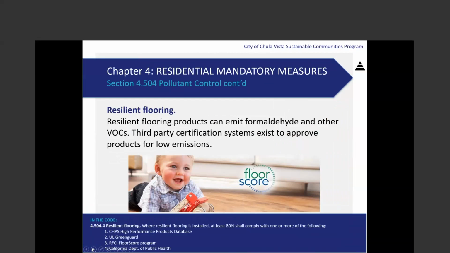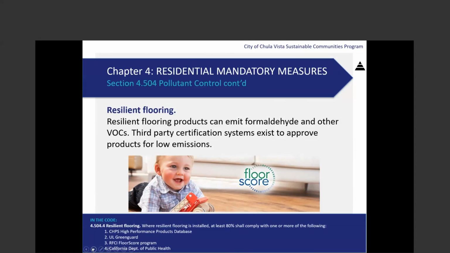Similarly, there are a number of recognized industry standards for resilient flooring. And again, California didn't need to look any further than the existing marketplace, which makes finding appropriate flooring easy. The accepted standards include UL's Green Guard, RFCI's Floor Score, and 2 more. So there's plenty of options available.